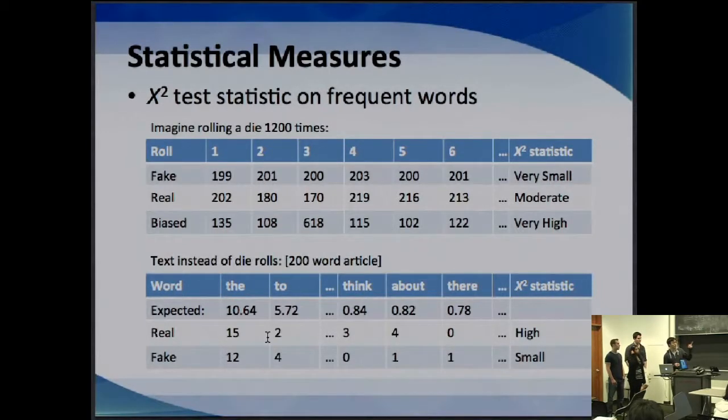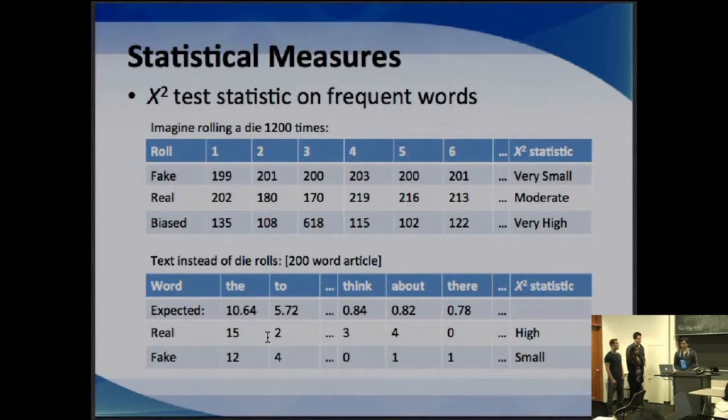The first row there would be fake data, where the difference between the outcomes and the expected values is very close, so the test statistic will be very small. In a real simulation, since I didn't actually roll a die 1,200 times, the numbers will be a little further away from 200, but still relatively close, and this will lead to a somewhat larger value for the statistic. And in a biased case, it will have a really large test statistic.